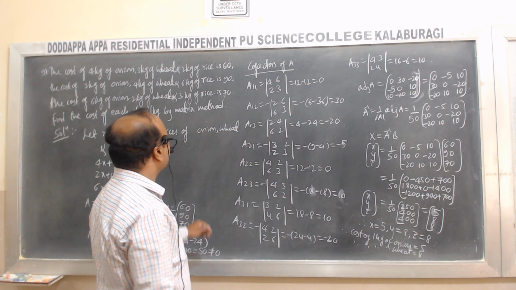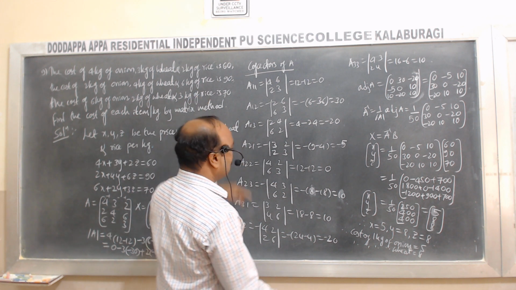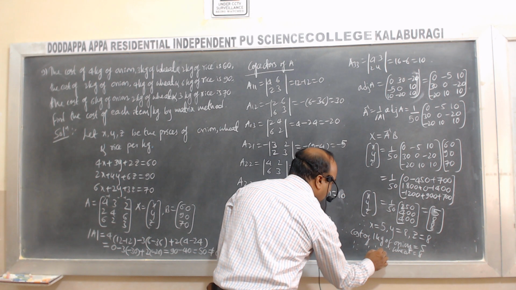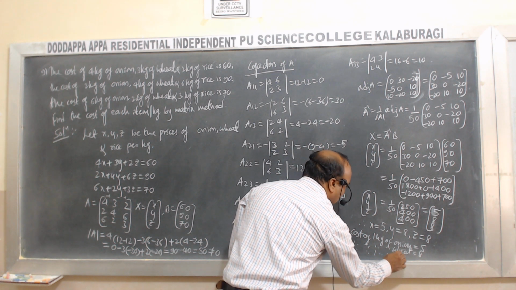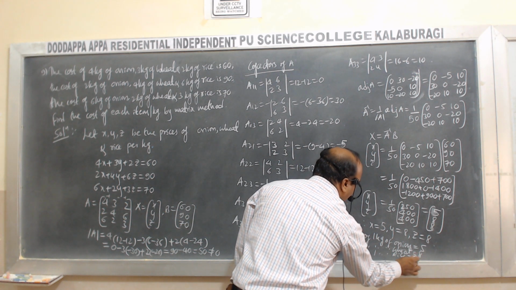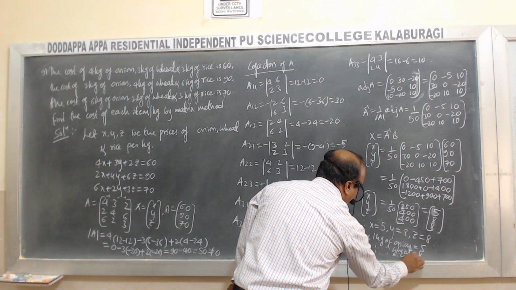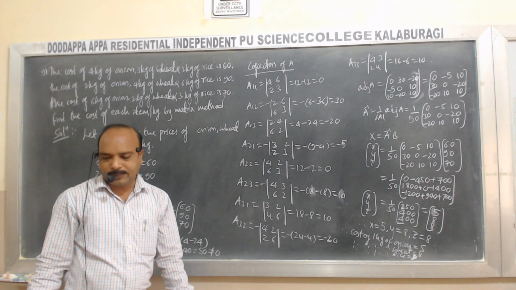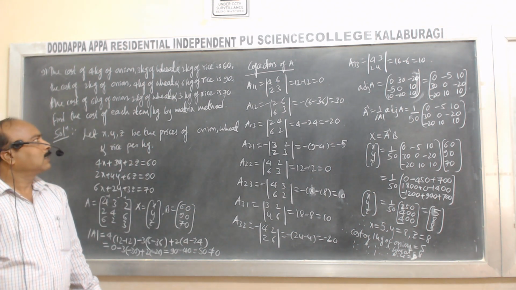And third, the cost of 1 kg of rice is equal to rupees 8. So this is the solution of the given question. Like this you find by using the matrix method.